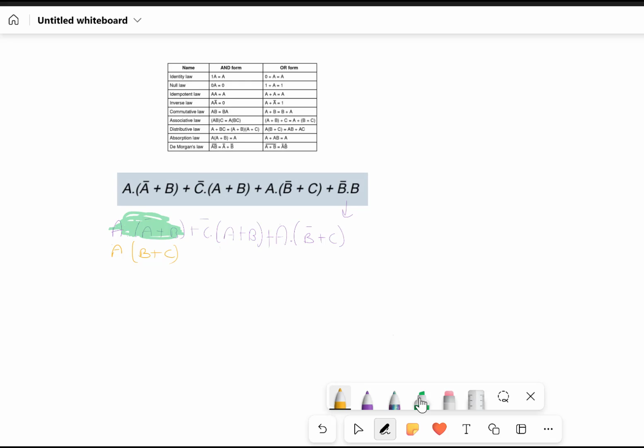What rule can we use? Distributive. So let's do that. Where we're going to have A, not A, or AB. And we can do the same for the next one. So not CA or not CB. And we can do the same for the next one. A, not B, or AC.